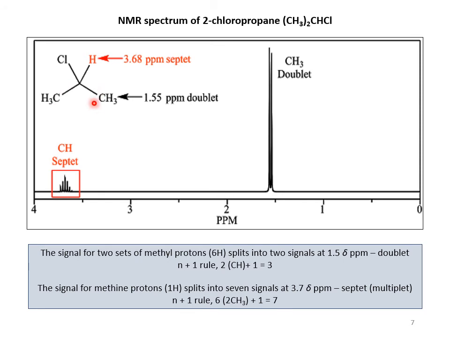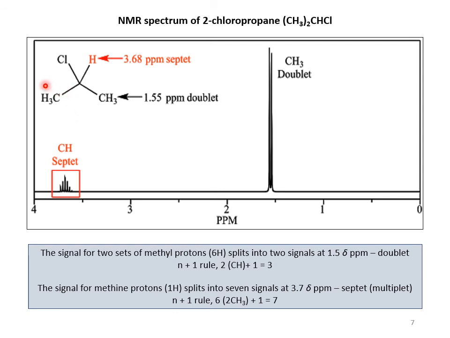These 2 methyl groups are equivalent. All the 6 protons give only one signal, whereas this methine proton is chemically non-equivalent, so this will give one more signal. So totally for 2-chloropropane, the NMR spectrum has 2 signals.